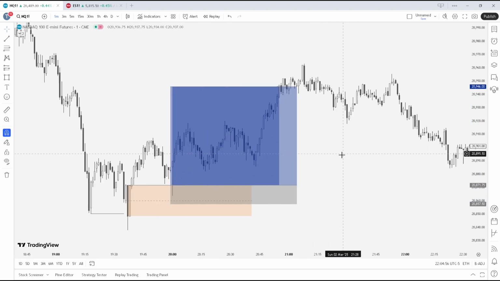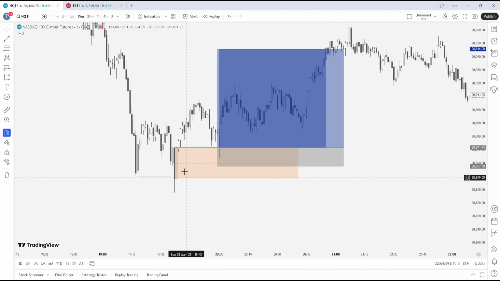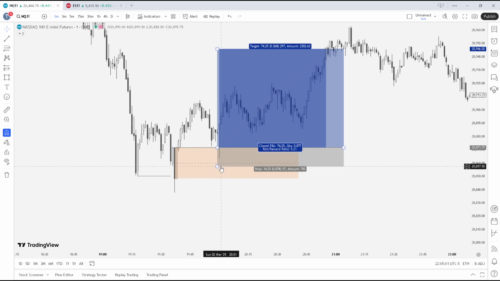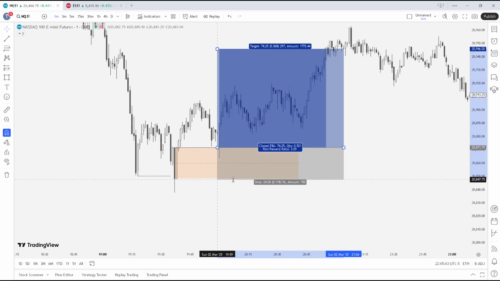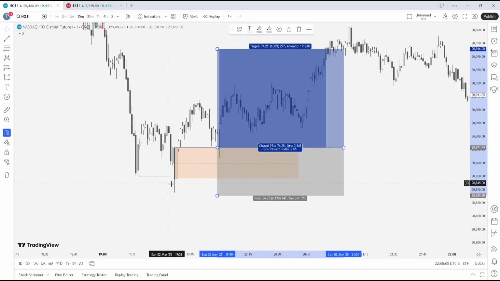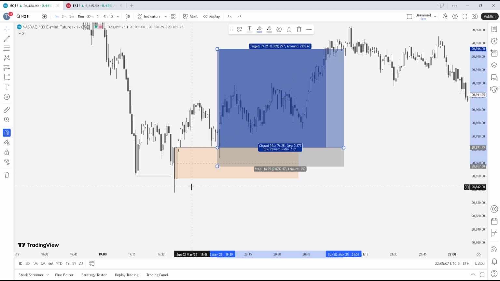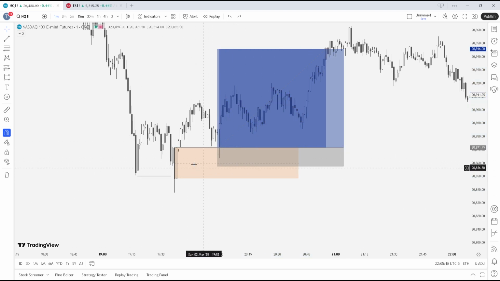And I mean, you can see how cleanly it works, right? Especially with larger order blocks like this. If your stop was below this swing low, then your RR would be much worse. This is a really good way that you can refine your stop loss, right?